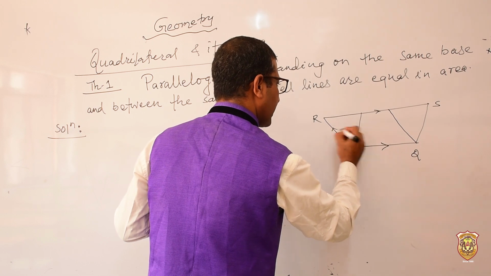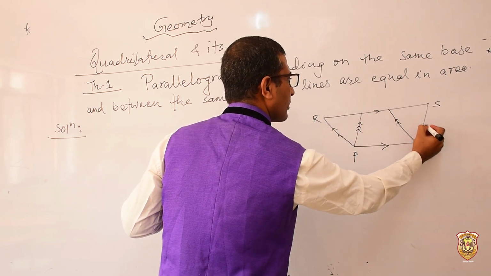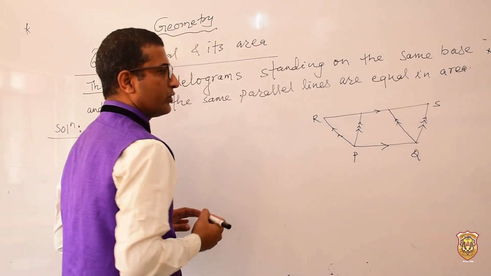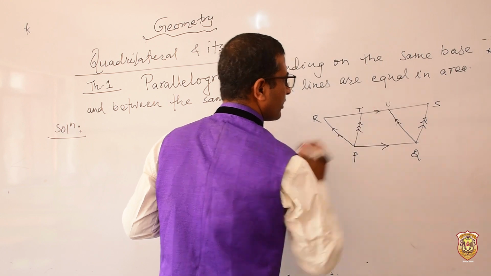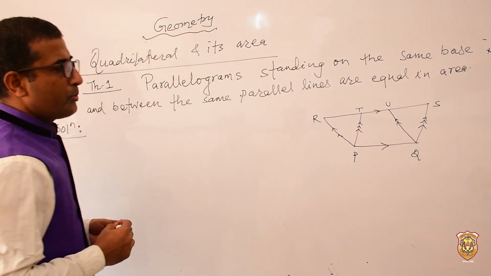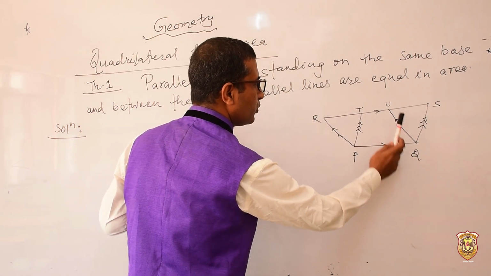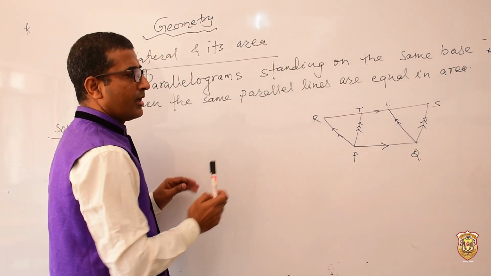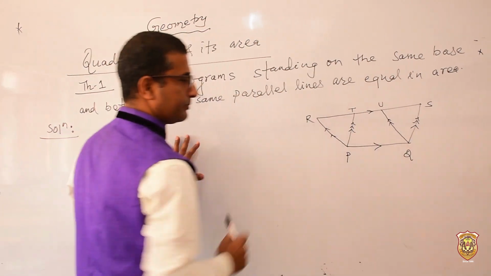These are the two parallelograms. These arrows show the parallel lines. From the figure we can see there are two parallelograms. First parallelogram is PQUR and second one is PQST.